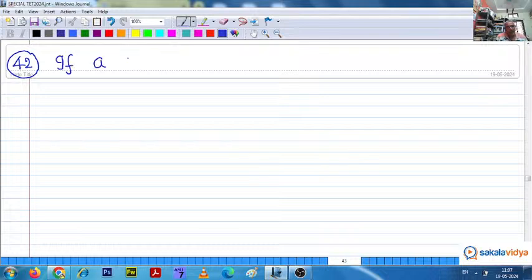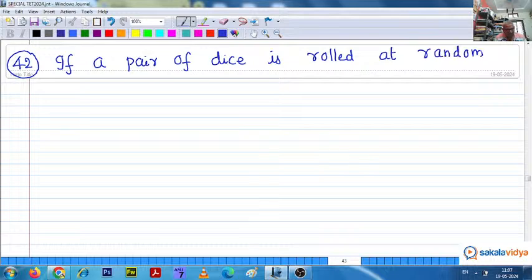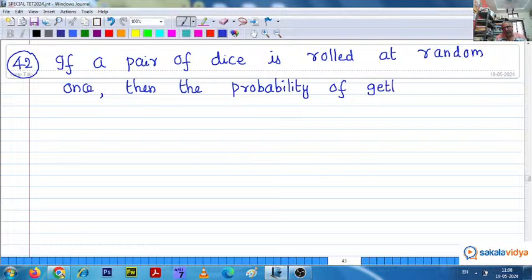If a pair of dice is rolled at random once, then the probability of getting a doublet means same number on the two dice.